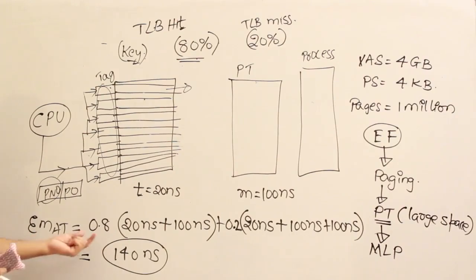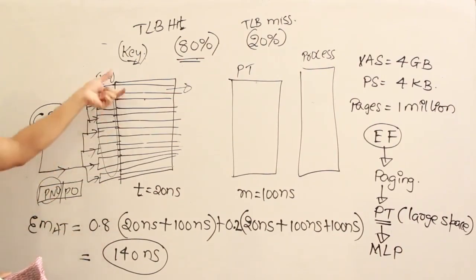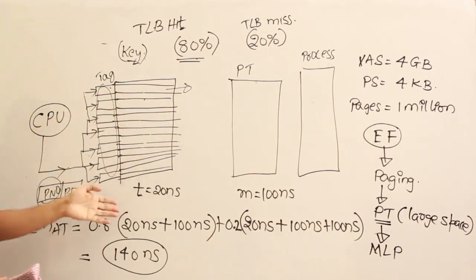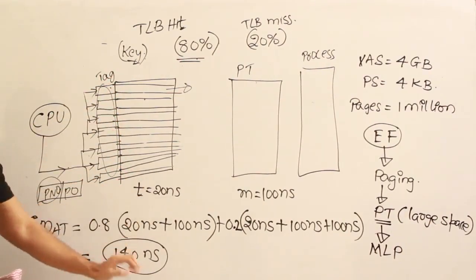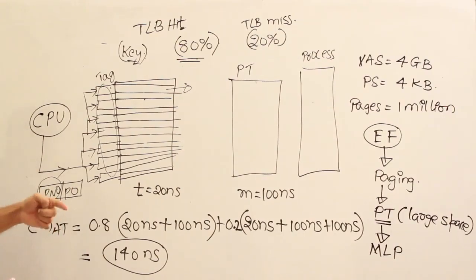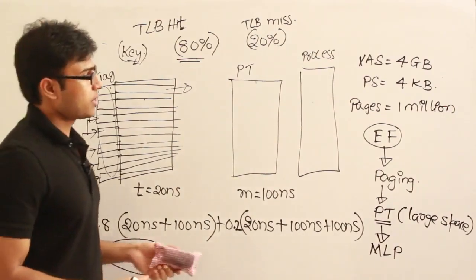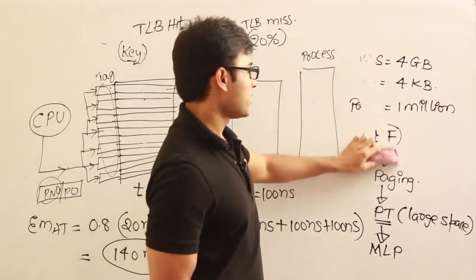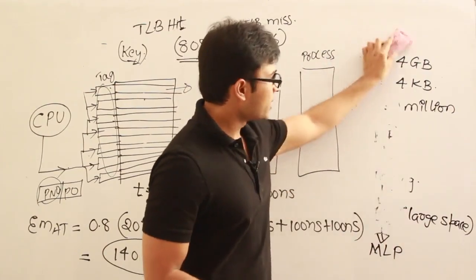If you increase the hit rate, which means almost all the references you make to the page table are present in the TLB, then it will come down to a much smaller number. As you increase the hit rate, the effective memory access time gets reduced.